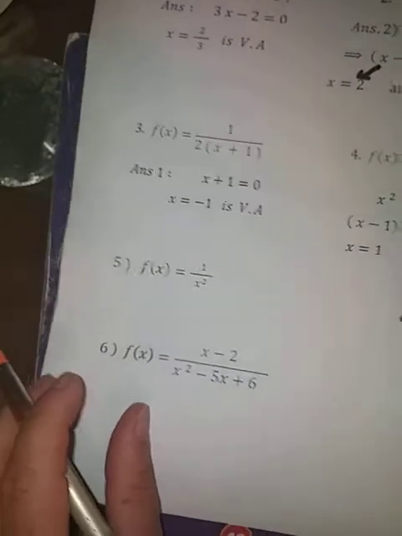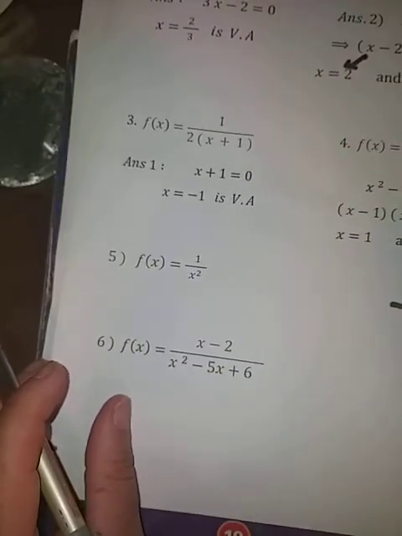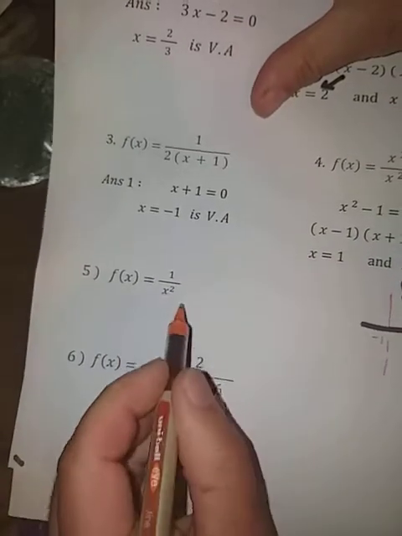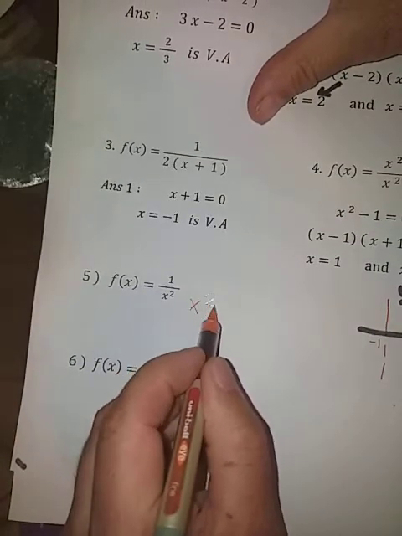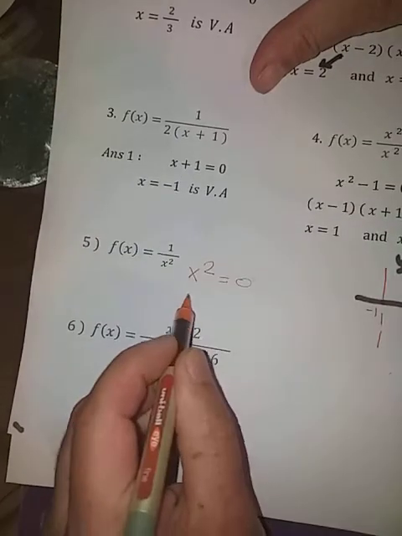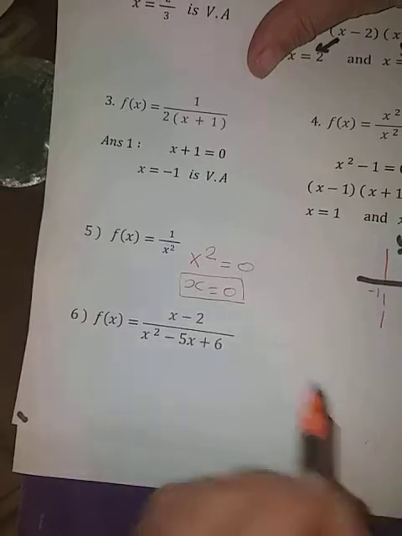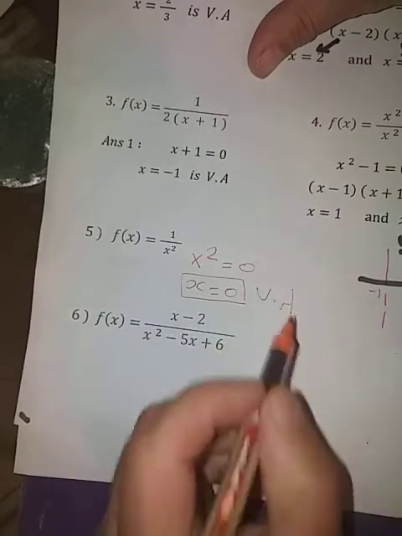Number 5: for the vertical asymptote, equalize the denominator to 0. You write x² = 0, then x = 0. This one is a vertical asymptote.